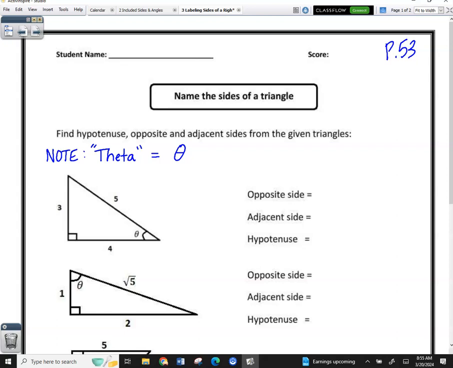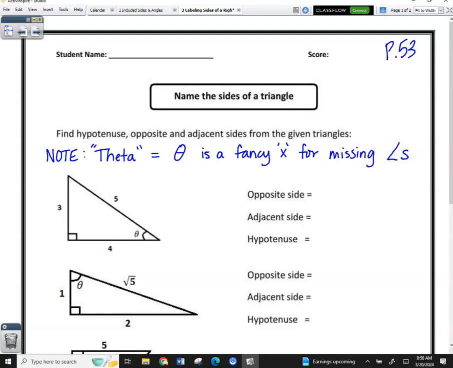Theta represents a missing angle measure in degrees. So the word theta, which looks like this, is a fancy X for missing angles.